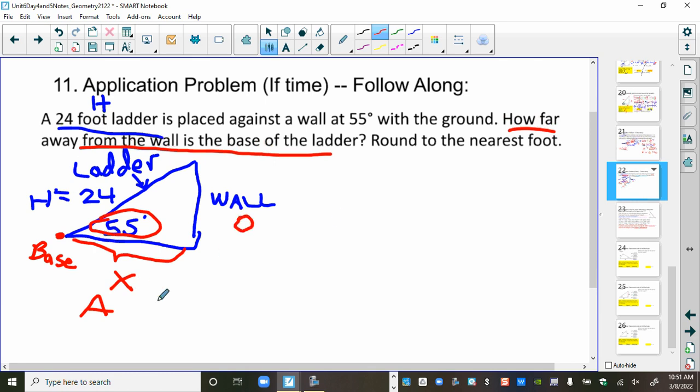So then which one are we going to use, sine, cosine, or tangent? Cosine, yeah. Got to use the cosine. Adjacent over hypotenuse, yup.